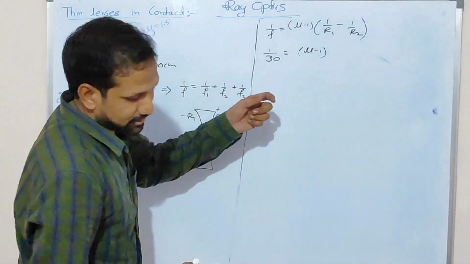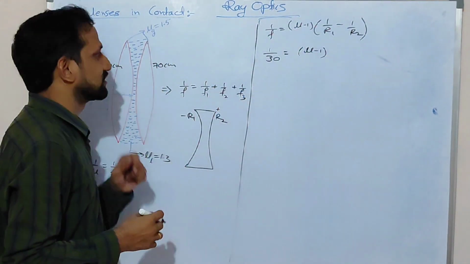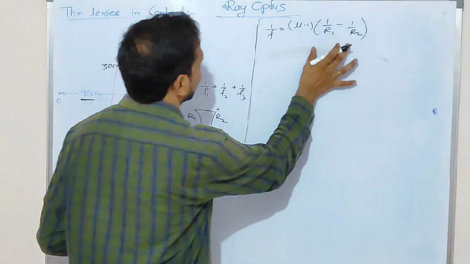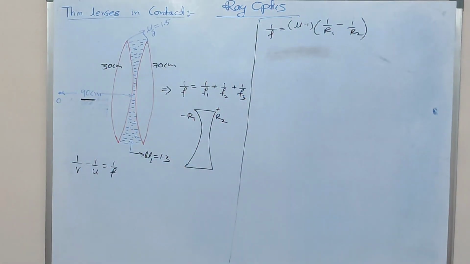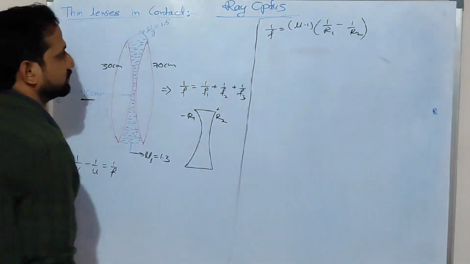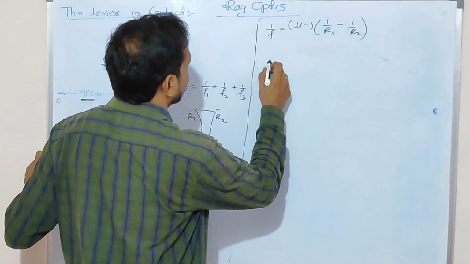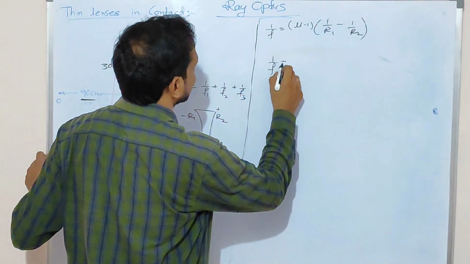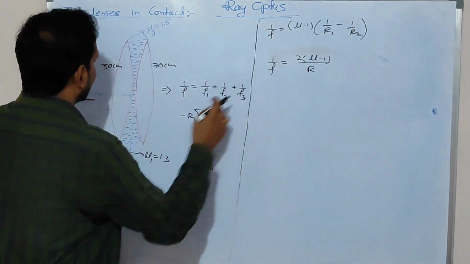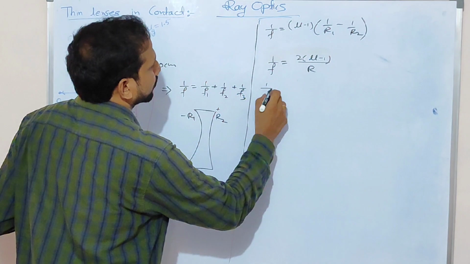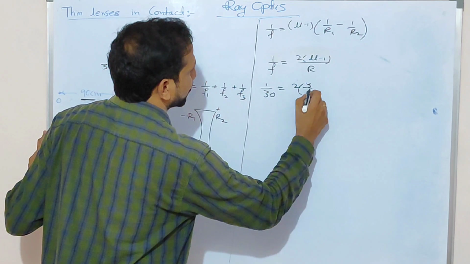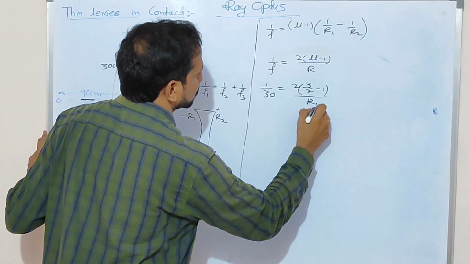For the first lens, you can directly apply the formula for an equiconvex lens: 1/f equals 2 times (mu minus 1) divided by R. So if you take f as 30 centimeters, 1/30 equals 2 times (the refractive index of the glass, 3/2, minus 1) by R1, which we need to find.